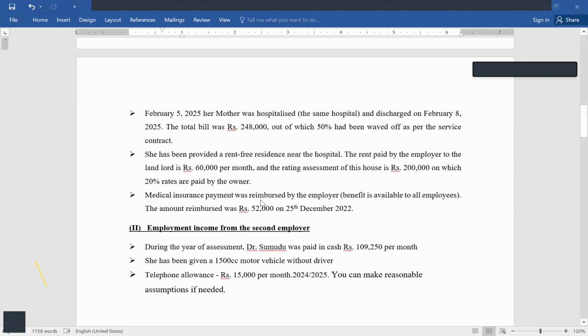The next one: she has been provided a rent-free residence near the hospital. The rent paid by the employer to the landlord is 60,000 per month, and the rating assessment of this house is 200,000, on which 20% rates are paid by the owner.